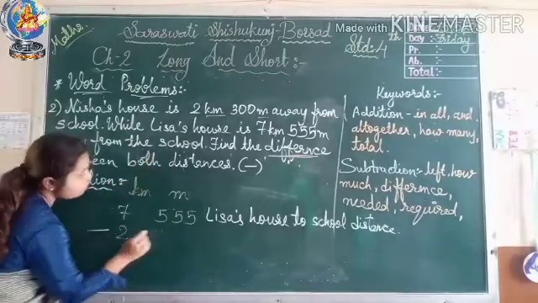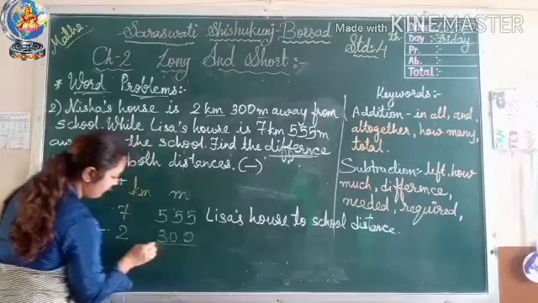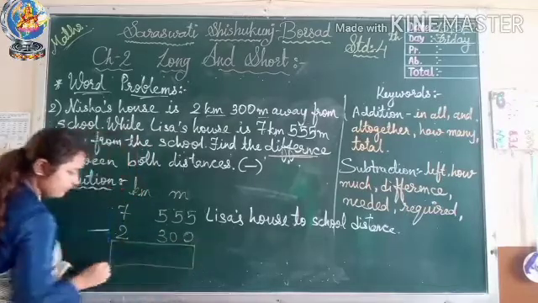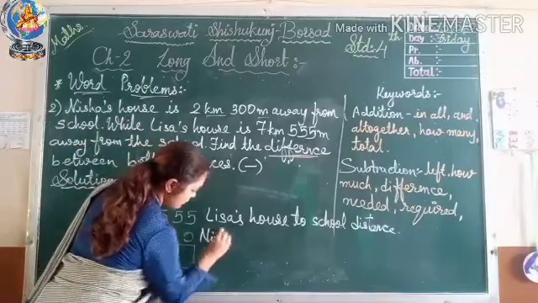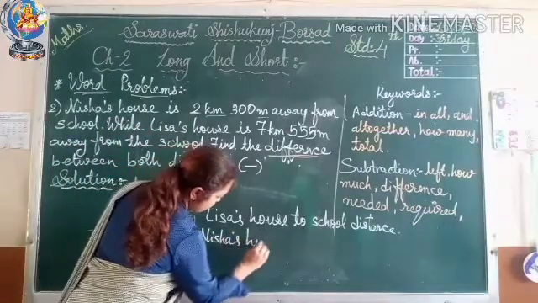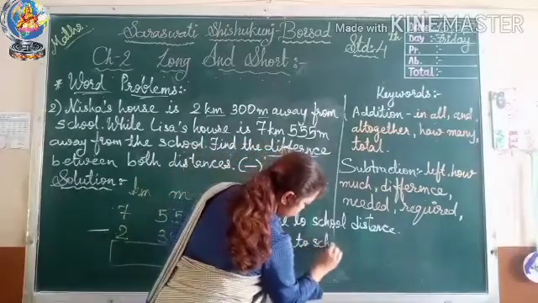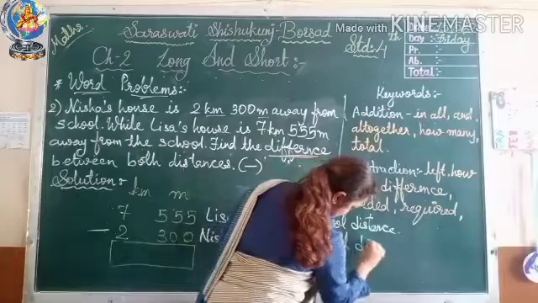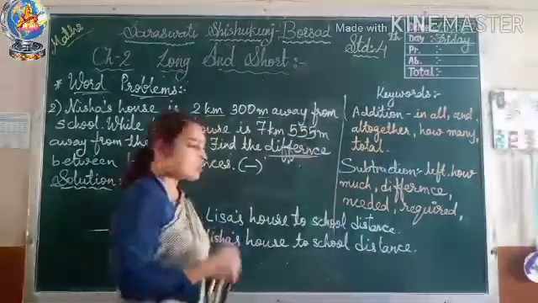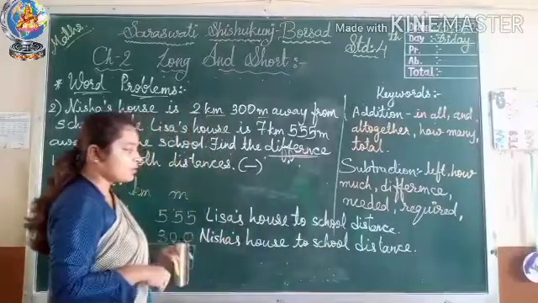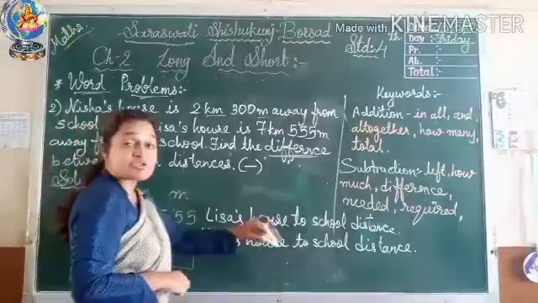Then we write 2 kilometer 300 meter, the Nisha's house to school distance. Another way, you can write the distance of Lisha's house to school and distance of Nisha's house to school.